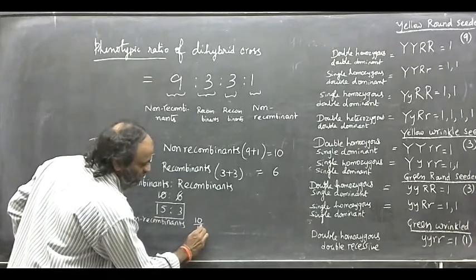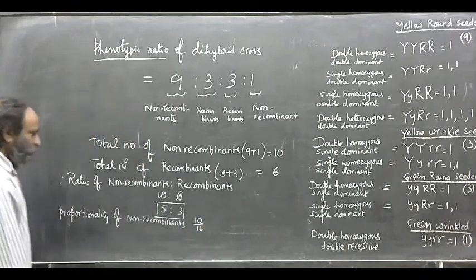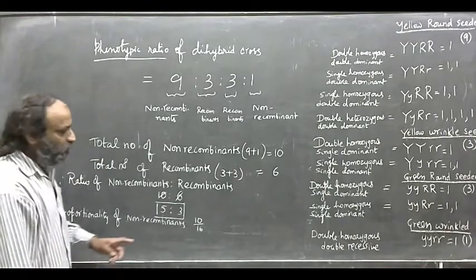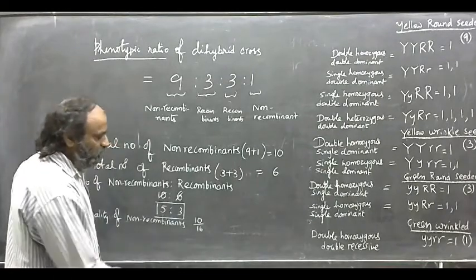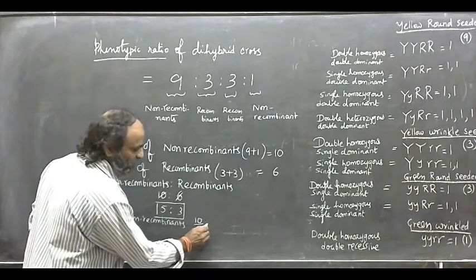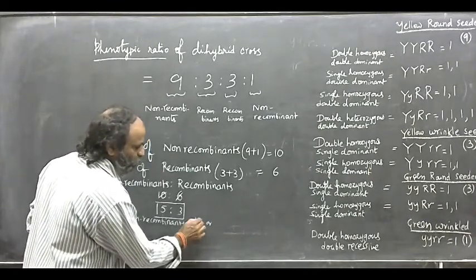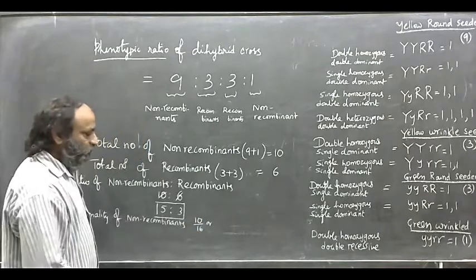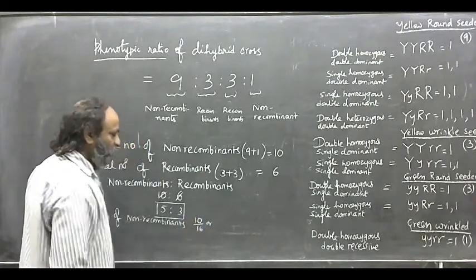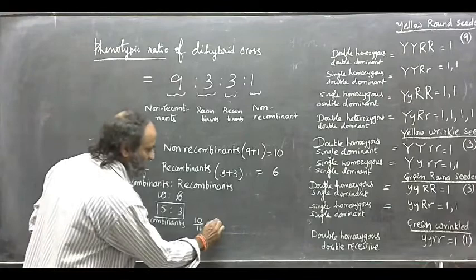The proportionality of non-recombinants is 10/16, or it is 5/8. 2 5s are 10, 2 8s are 16. So 10/16 or 5/8.